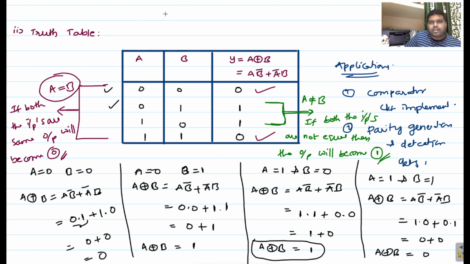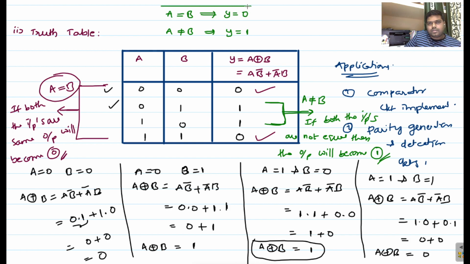Here I am writing, A equals B, then Y equals logic 0. When A not equals B, the output Y equals logic 1. So this is the key observation for this XOR logic.